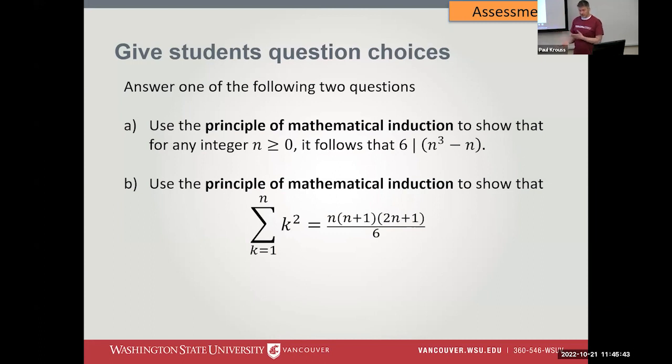I'm not testing those skills. I'm testing the principle of mathematical induction. Giving that sort of choice means you're not inadvertently testing another skill; you're focusing on whether they are able to construct that proof.